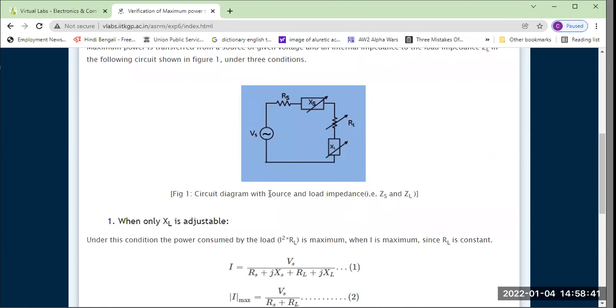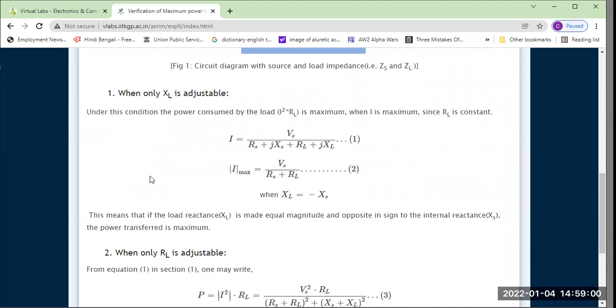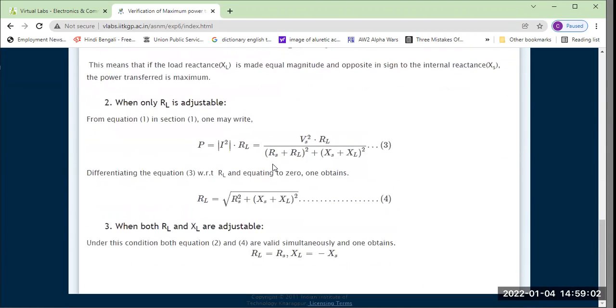Okay, look, this is your circuit. So actually maximum power transfer theorem is saying that if your internal resistance is equal to the load resistance, then only maximum power will be transferred. Okay, this is the main objective.